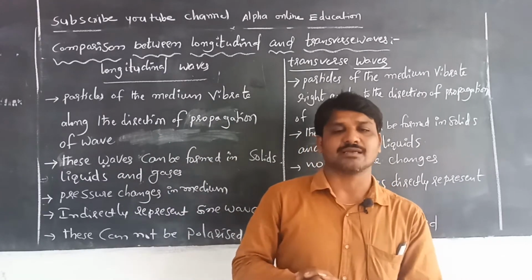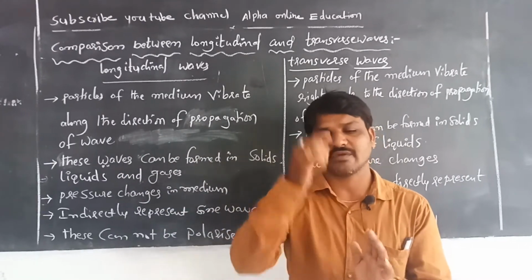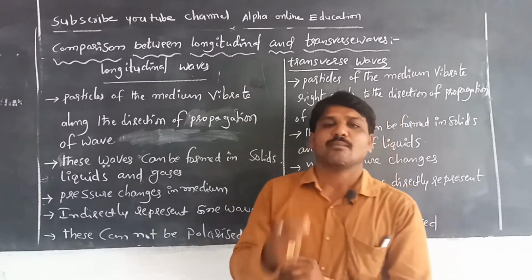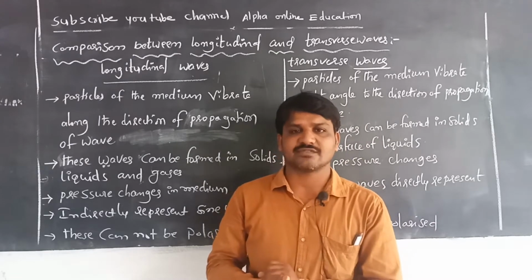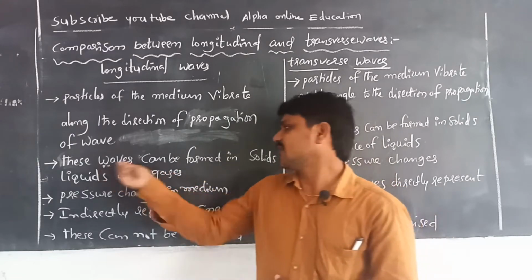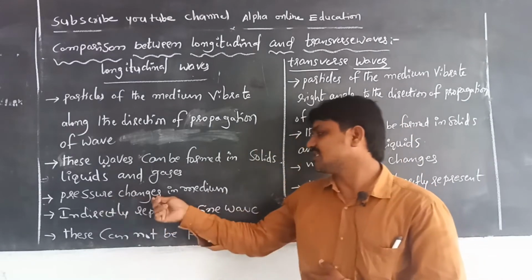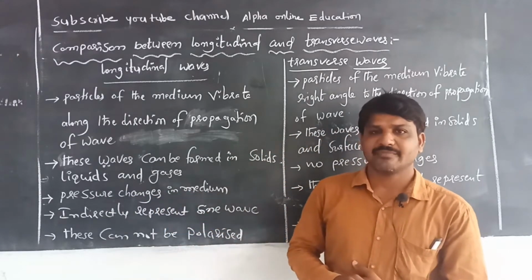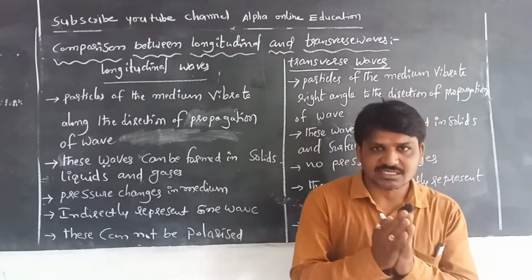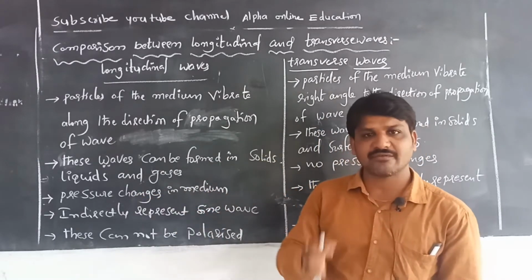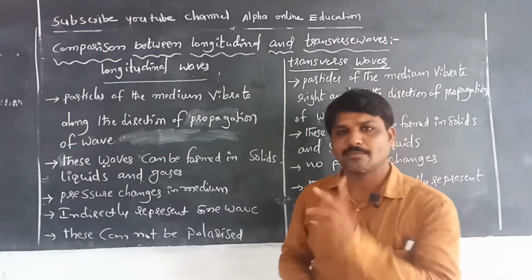For example, when the spring is vibrating, the pressure between the vibrating particles changes. So the waves can be formed in solids, liquids and gases, and the pressure changes in the medium because they form compressions and rarefactions. That's why the pressure changes in the medium when longitudinal waves are propagating.